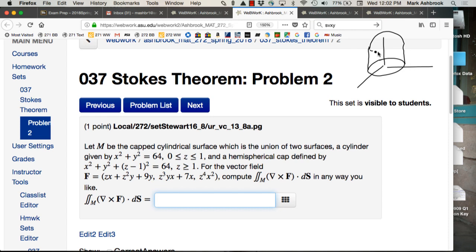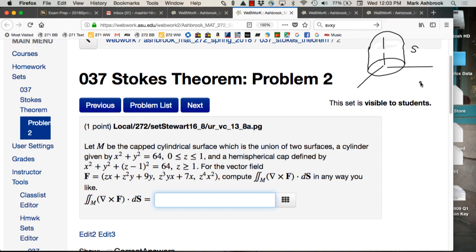We put it together like this, but once they're together, just imagine that the seam doesn't matter anymore. Just take that seam out and imagine this is all one surface. It's just the cylinder and then the hemisphere cap. So this is all one surface S now.